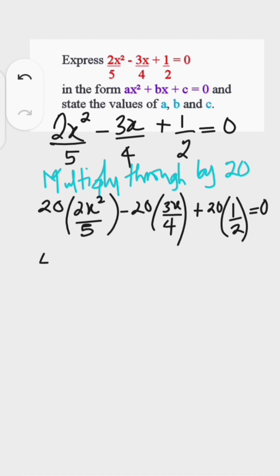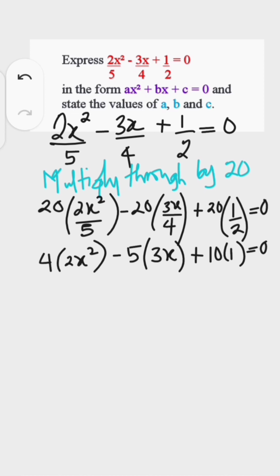So 5 goes in 20 to give us 4 times 2x squared. Then 4 goes in 20 to give us 5 times 3x. And 2 goes in 20 to give us 10 times 1, and that's equal to 0. So 8x squared minus 15x plus 10 equals 0.